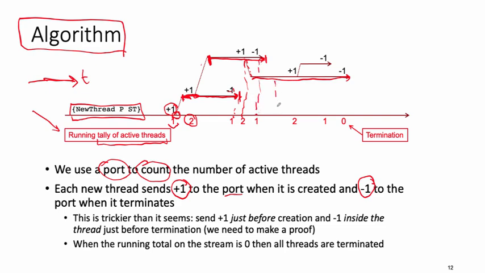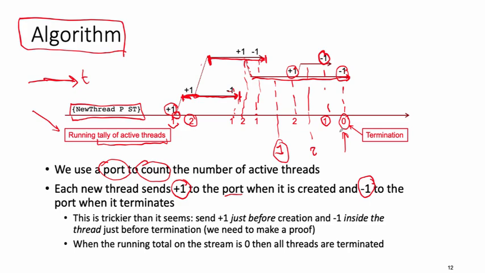So here at this point, the tally is still 1. There's 1 thread. Here again we have a +1, so the tally is going to be 2. Here we have a -1, so the tally is 1. And here a final -1, and the tally is 0. So we keep track of this number, and each time a new +1 or -1 appears on the stream, we increment, we keep counting until it reaches 0, and then we're done.